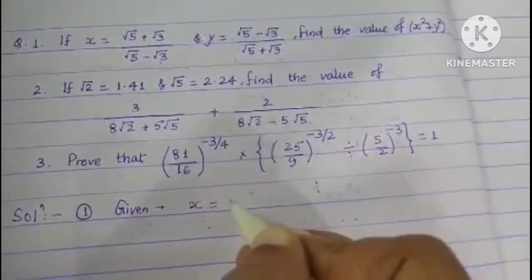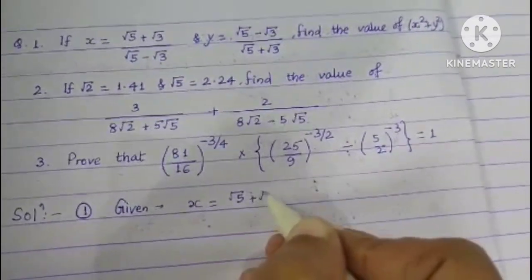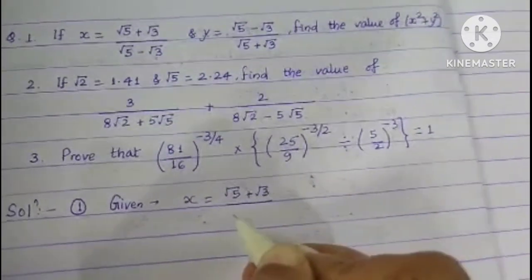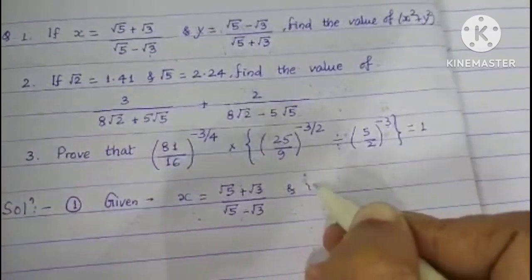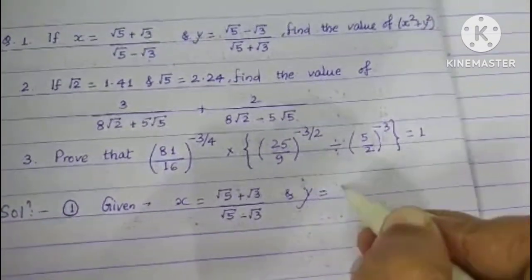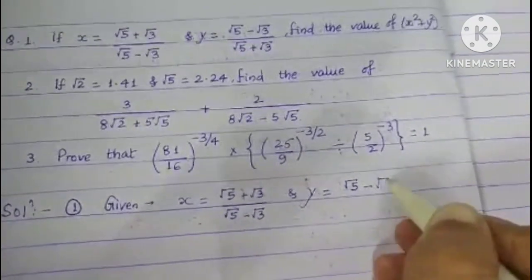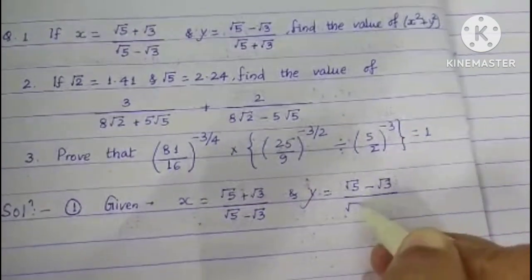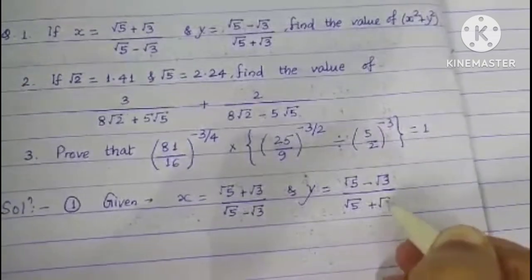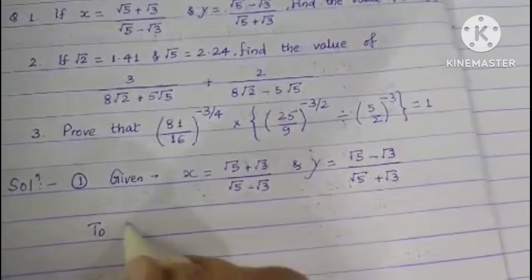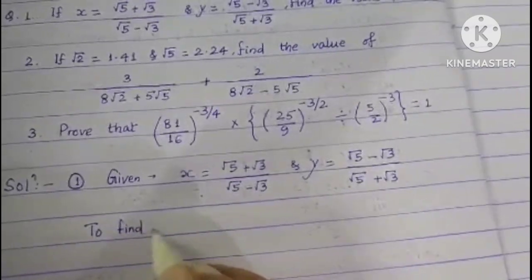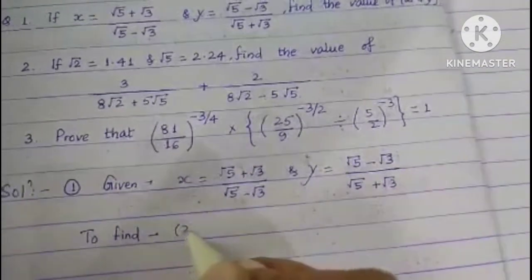Given is x is equal to root 5 plus root 3 divided by root 5 minus root 3, and y is also given as root 5 minus root 3 divided by root 5 plus root 3, and we have to find x square plus y square.